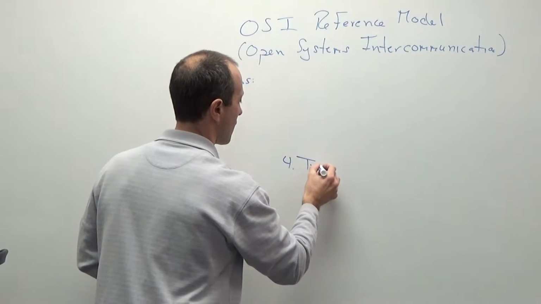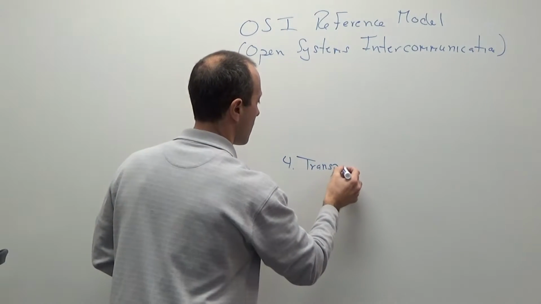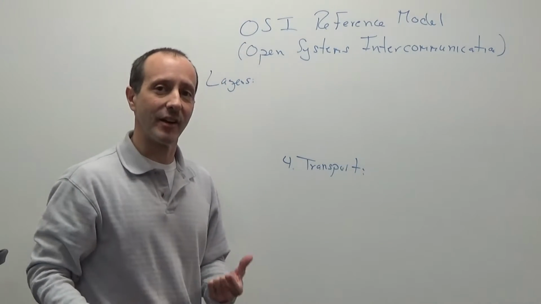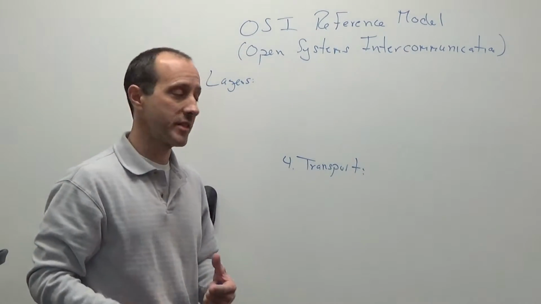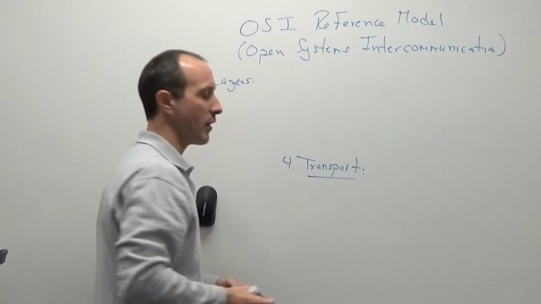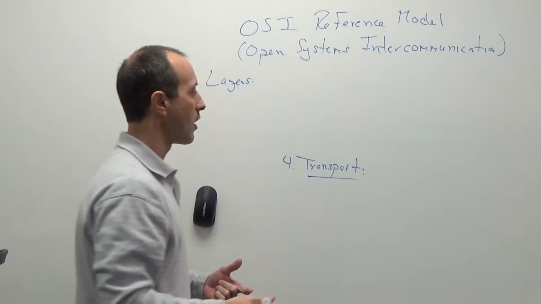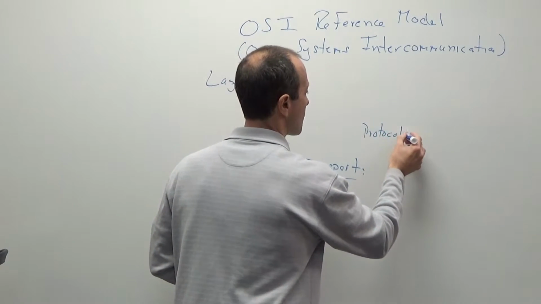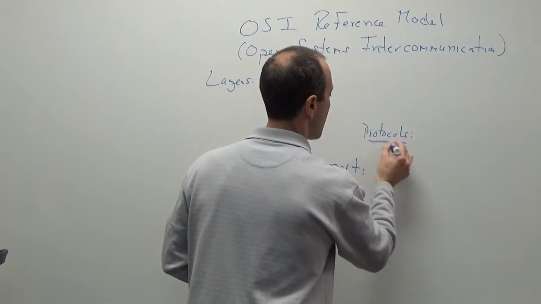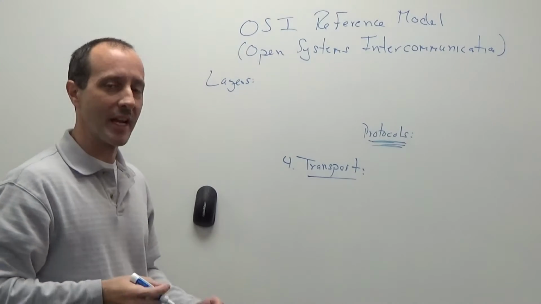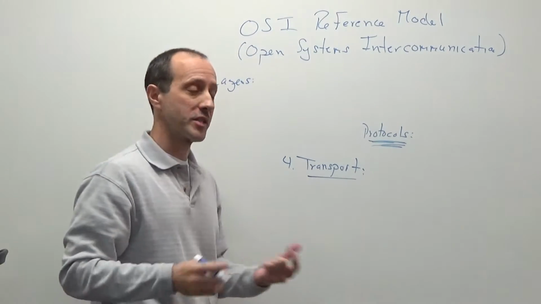Transport. Now, just as the data link layer had 2 sublayers, the MAC and LLC sublayer, the transport layer has actually 2 very commonly used protocols. And these protocols are used to manage the transportation of information or data from one device to another device.